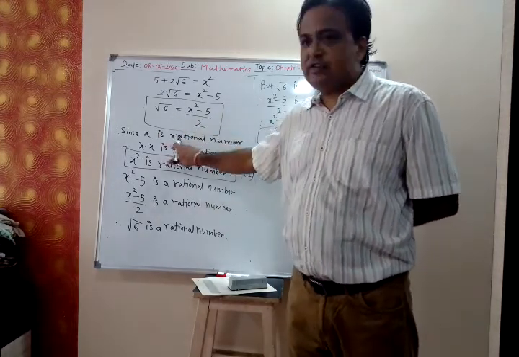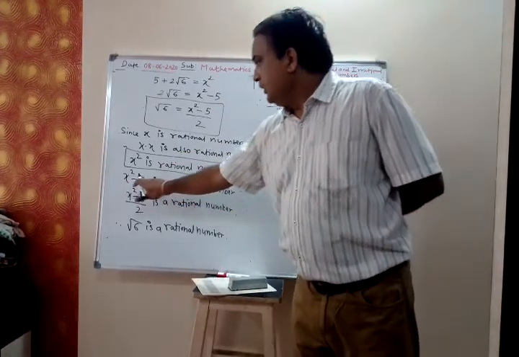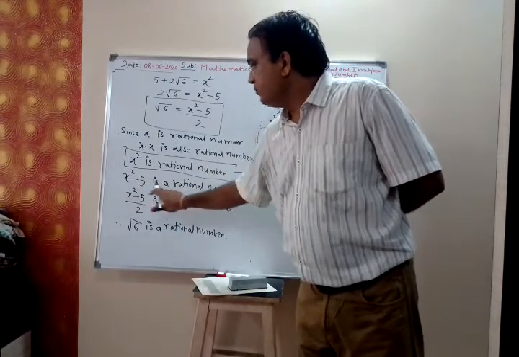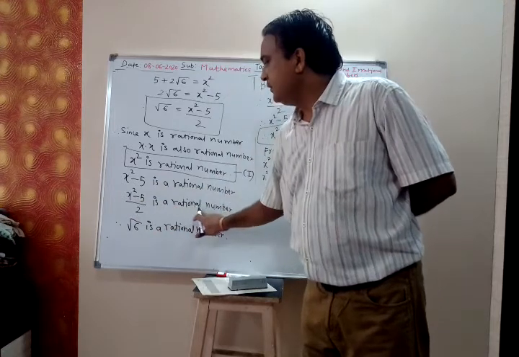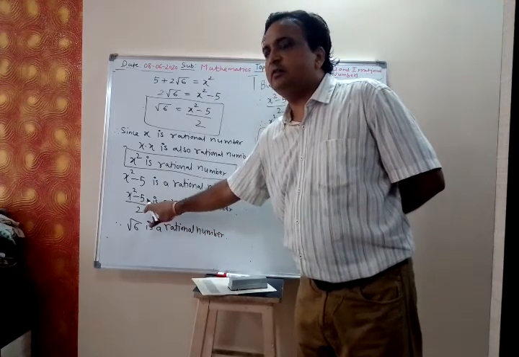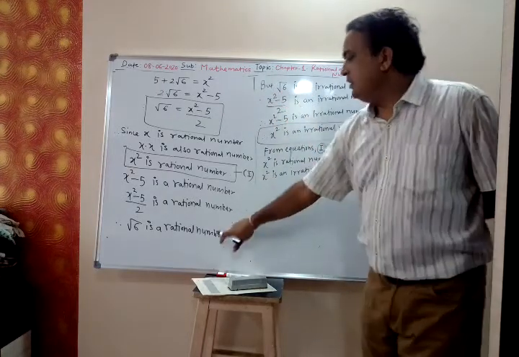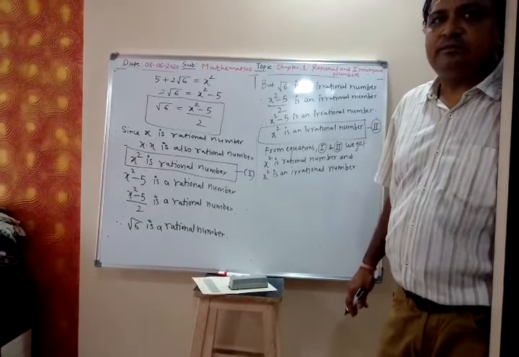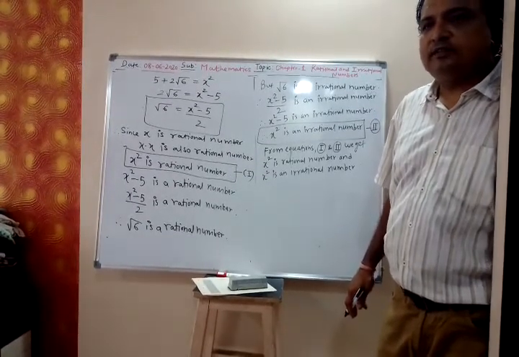Now x is rational, x square is also rational, and 5 is rational, so x square minus 5 is rational. X square minus 5 divided by 2 is also rational. But what is x square minus 5 by 2? Root 6. So root 6 is rational, but root 6 is irrational.